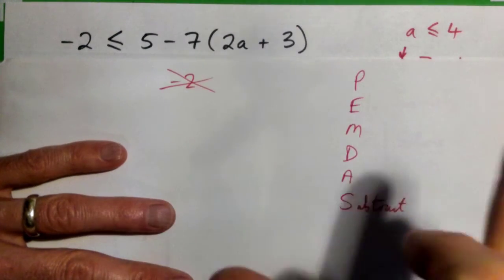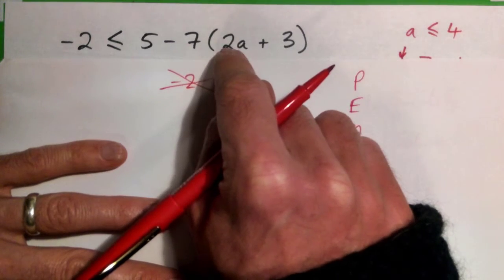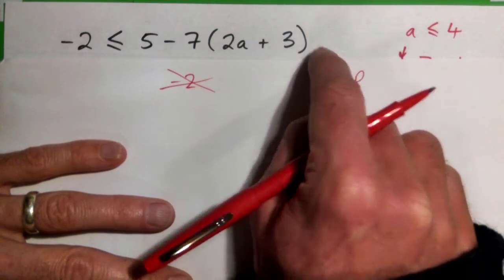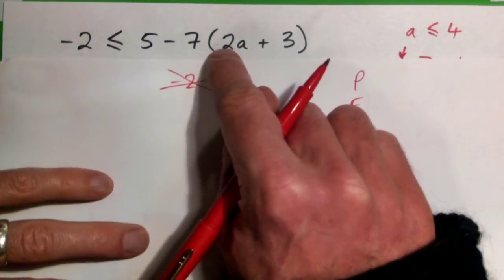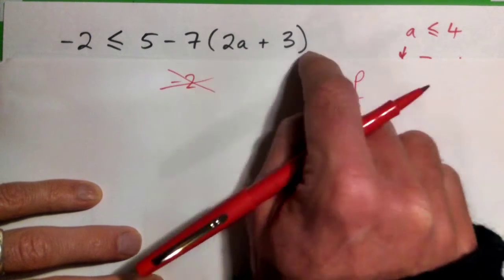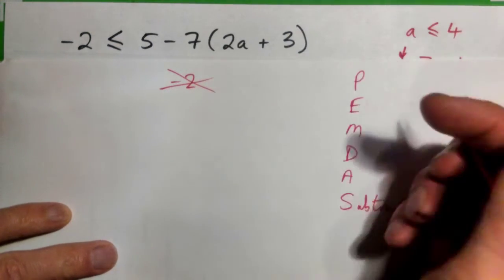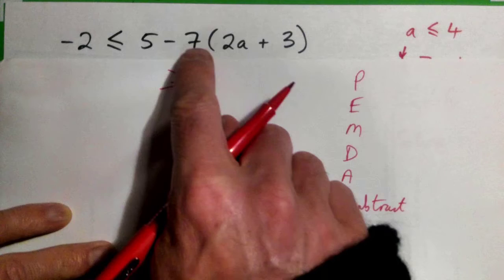Now, you're supposed to do what's inside the parentheses. The problem is inside the parentheses we have 2a plus 3. These things are not like terms, so we can't actually do anything with that. We would add that if we could, but we can't. So we can't do parentheses. But can we do a multiplication?